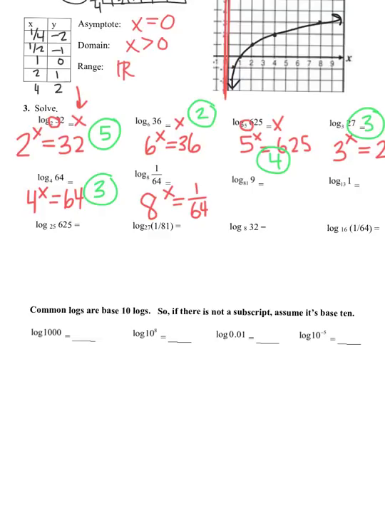Next one, 81 to the x equals 9. How do you go from 81 to 9 with the power? Well, the square root of 81 is 9. If you remember, the square root is actually taking something to the 1/2 power. So the answer is 1/2.